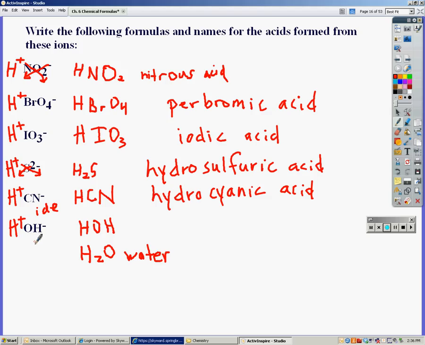So if we're naming it according to the acid way, then let's think about we have OH, which just ends in ide. It's called hydroxide. So we're going to follow the ide rule and put hydro in front and change I to ic.